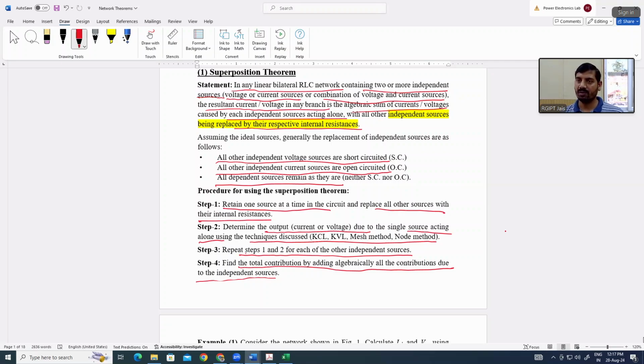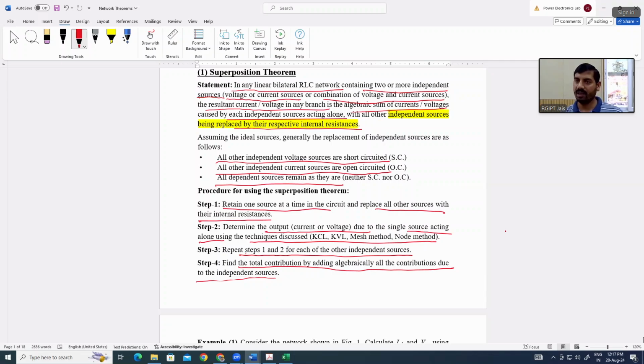So suppose one source we are taking and we denote the current I1. Another source we are taking, we denote current I2. Another source, that third source, we denote current I3. So I1, I2, I3 we have to calculate by taking individual sources at a time and replacing other sources with their internal resistances.